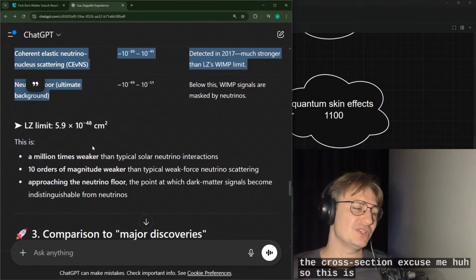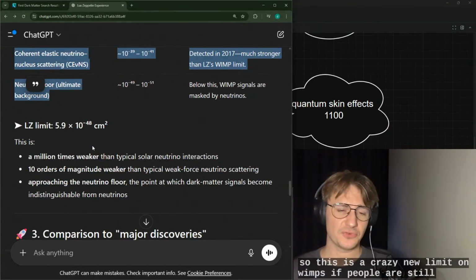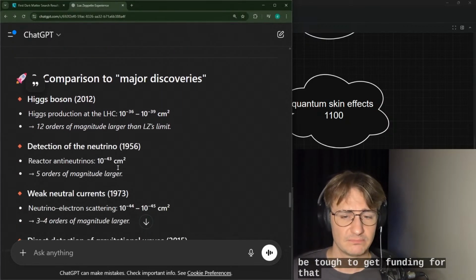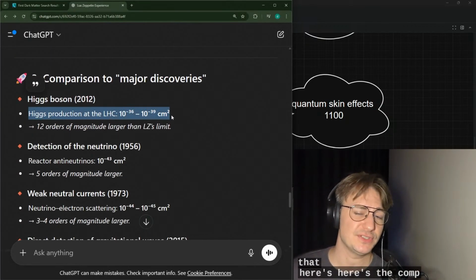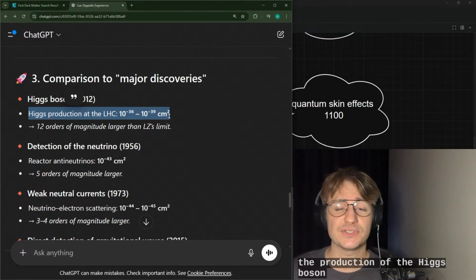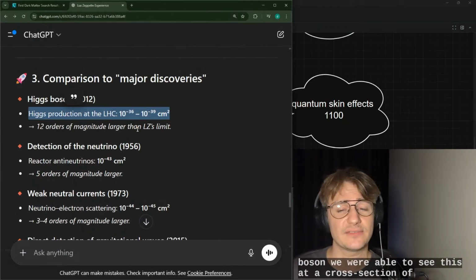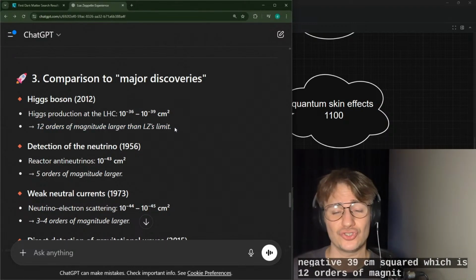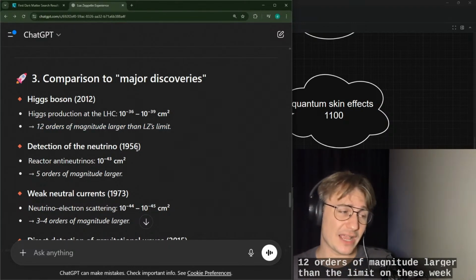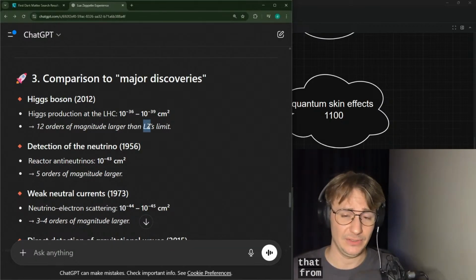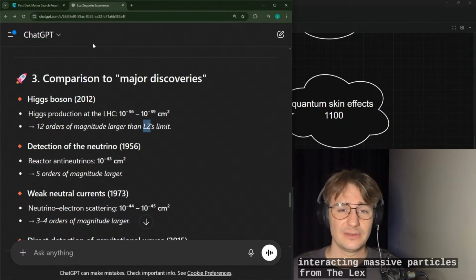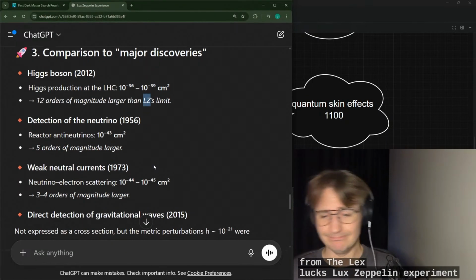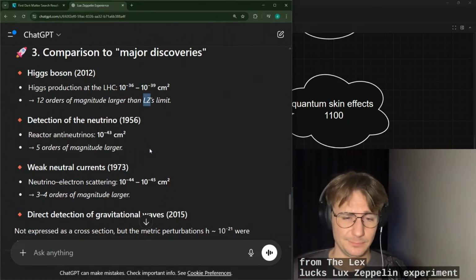So this is a crazy new limit on WIMPs. If people are still looking for WIMPs, it's going to be tough to get funding for that. Here's the comparison to the production of the Higgs boson. We were able to see this at a cross-section of 10 to the negative 36 to 10 to the negative 39 centimeters squared, which is 12 orders of magnitude larger than the limit on these weakly interacting massive particles from the LUX-ZEPLIN experiment.